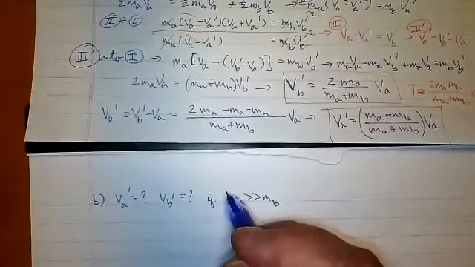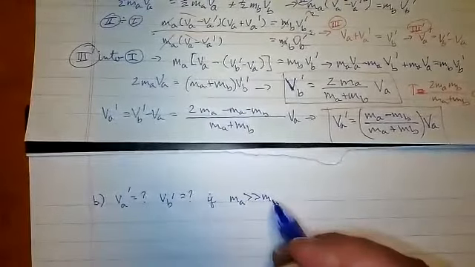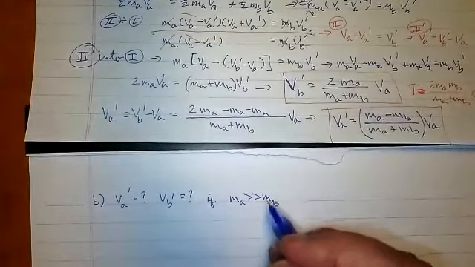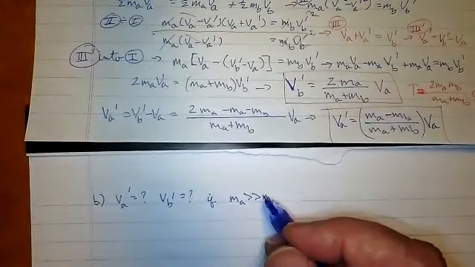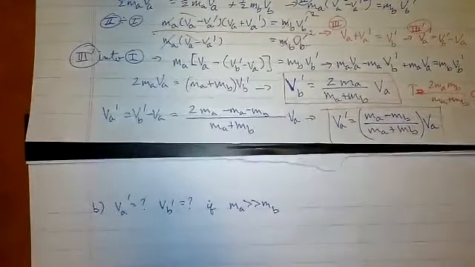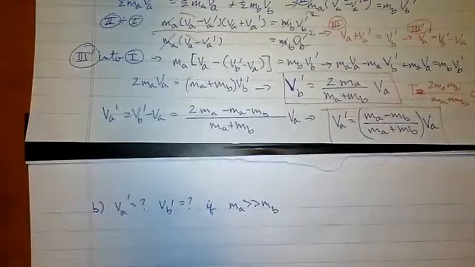So in other words, this is a large mass vehicle running into something low mass, or you could think like a Mack truck running into a fly. Okay, that's a little less horrible and painful. So I mean, obviously for everybody but the bug.